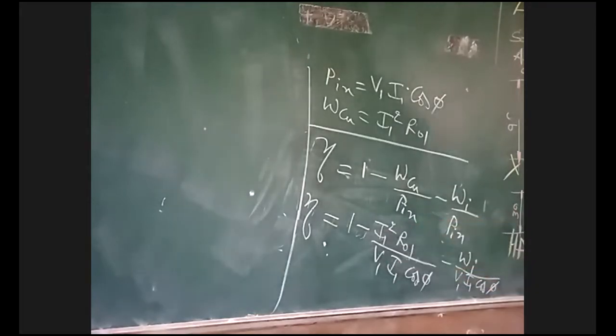Only I1 is the variable. Write down the note: in this efficiency equation, current I1 is the variable.